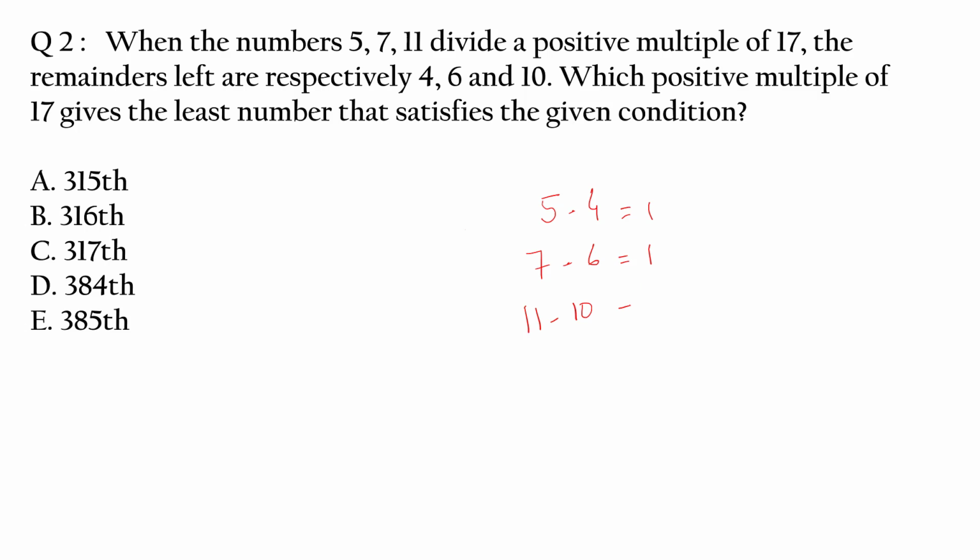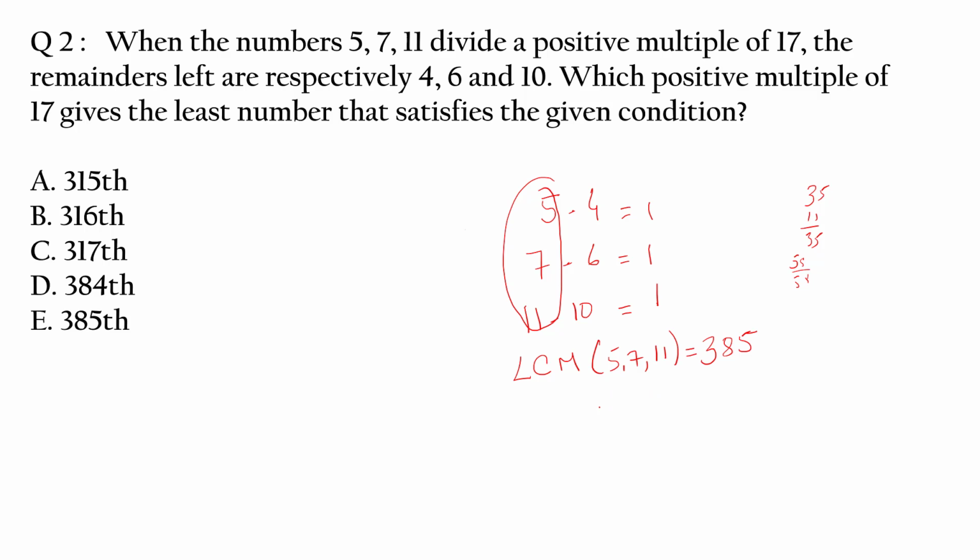1, 1, 1. Right? So the least number will be less than the lowest common multiple of 5, 7 and 11. The LCM of 5, 7 and 11 is 35 into 11, which is 385.